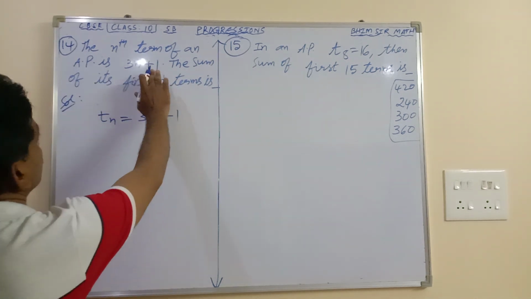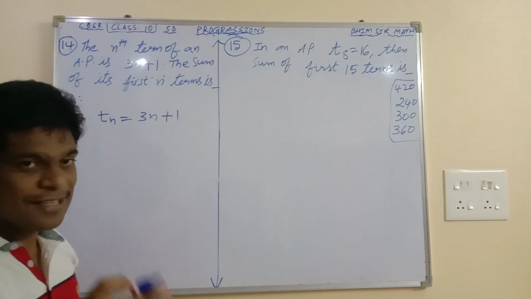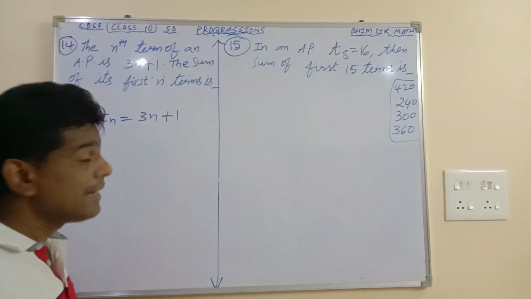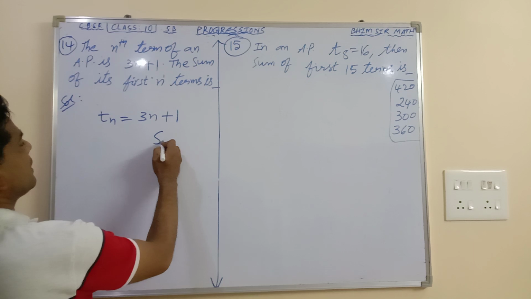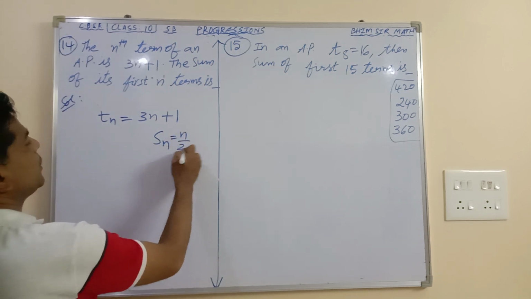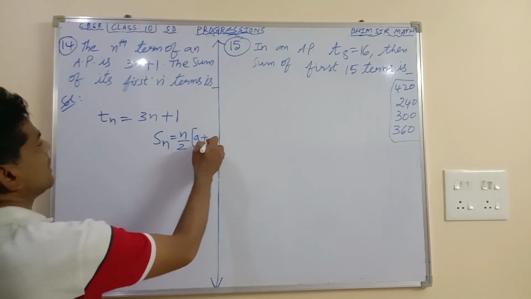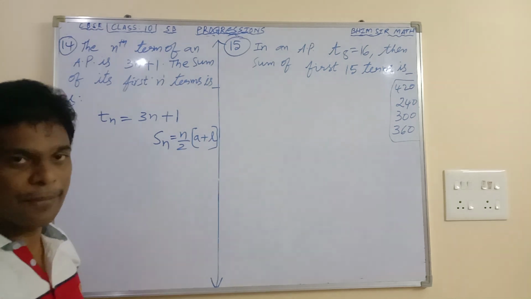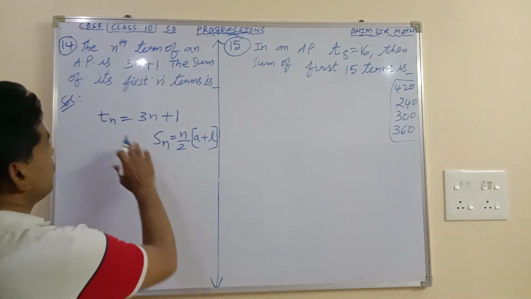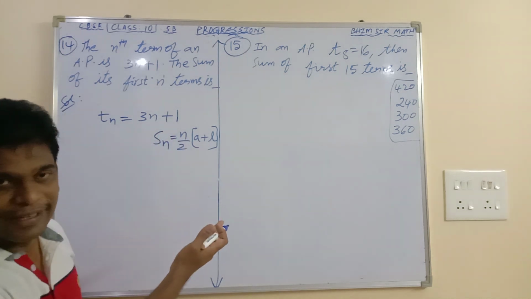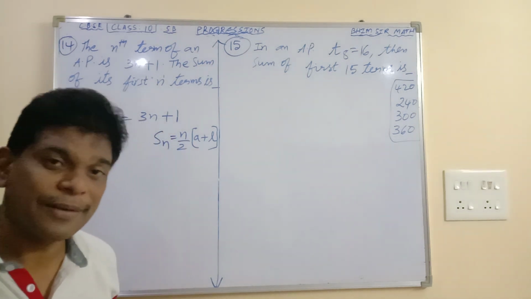So what is the formula to find the sum of first n terms? We know that Sn is equal to n by 2 into first term plus last term, n by 2 into a plus l. Last term means here Tn only. Then what is the first term here?